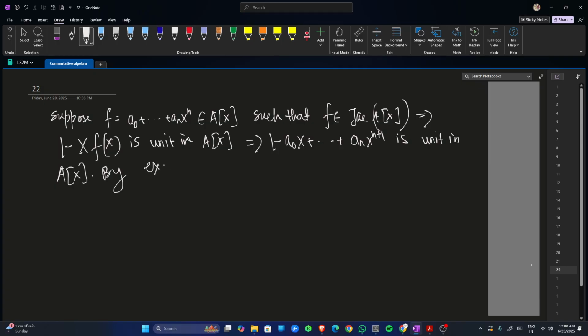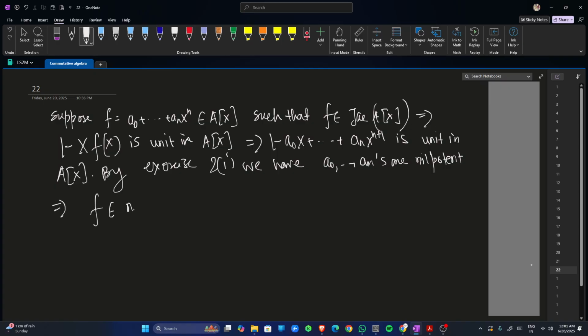By exercise 2.1, we have a0 dot dot dot a n are nilpotent. This implies f is nilpotent.